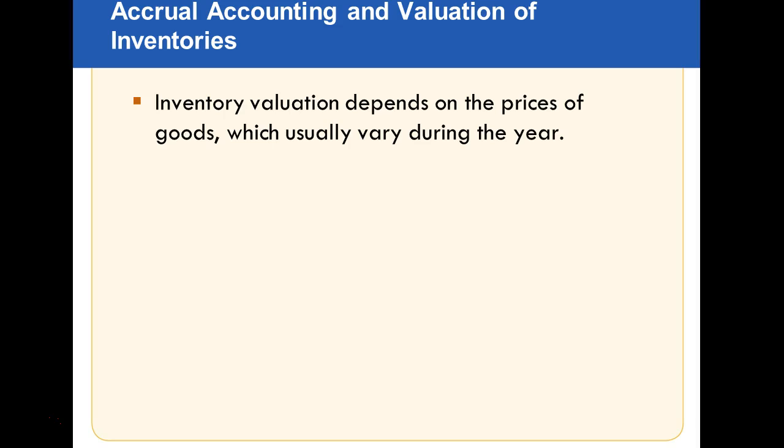Inventory valuation depends on the prices of goods, which vary during the year. It'd be easy if our raw wood cost the same in January as it does in April as it does in December, but it doesn't always do that. Especially when we're dealing with commodities, they go up and down based on the economy. Gas is a great example.